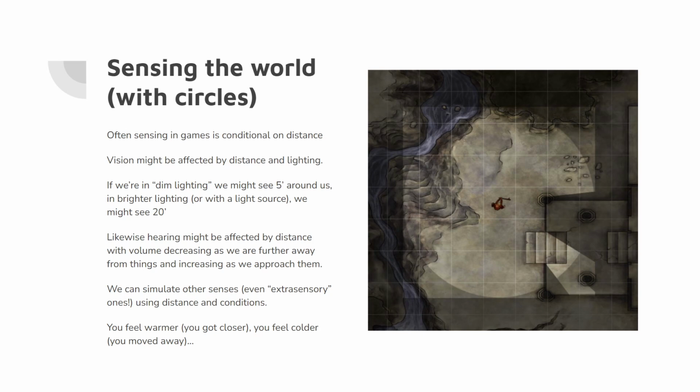Likewise, hearing might be affected by distance, with the volume decreasing as we are further away from things and increasing as we approach them, right? Some people had asked about using spatial audio in their games. And Unity has a spatial audio engine that can do all kinds of great stuff for us. We're not going to use that yet because we're doing it the brute force way to get an appreciation for it.